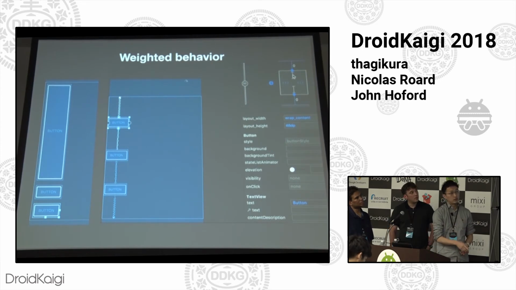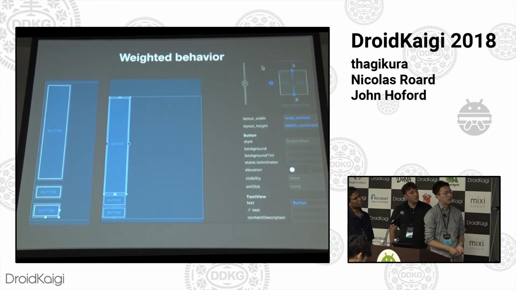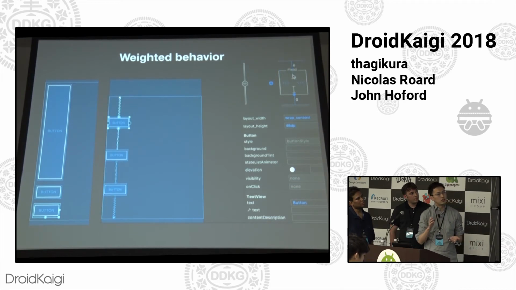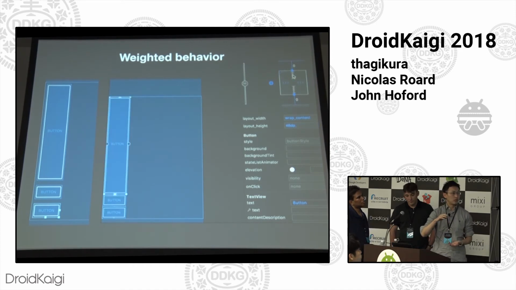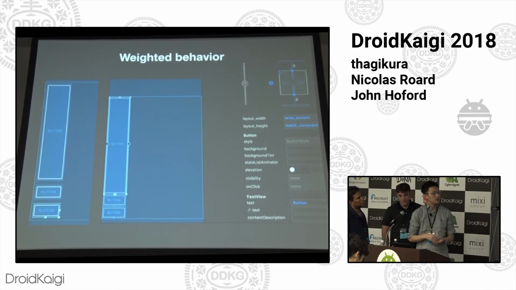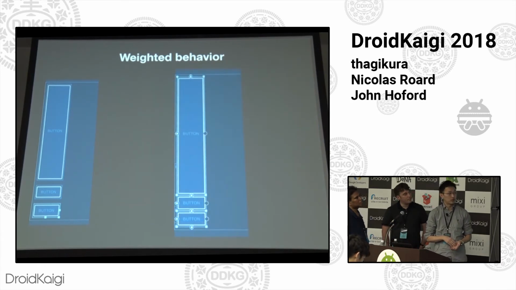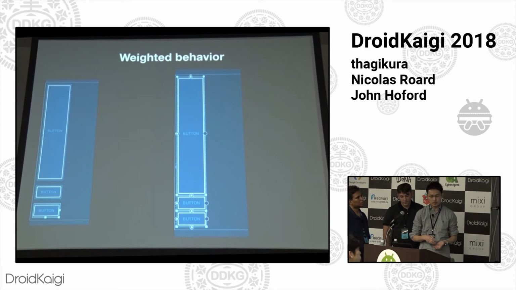Then you can click the top edge of the inspector, like the video. Then you can change the layout height to match constraint. Then the view is expanded. The view takes available space. Then you will get the same effect as the weighted linear layout.